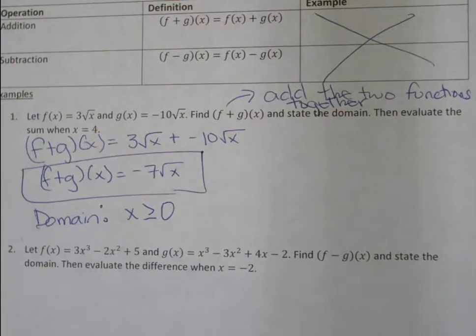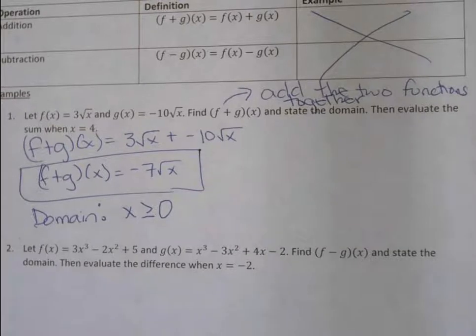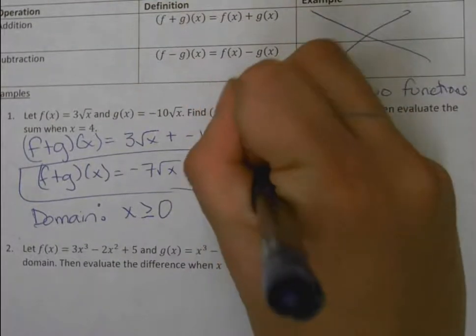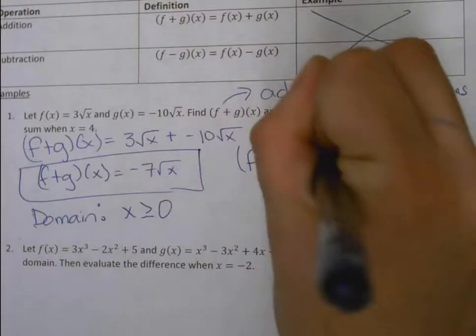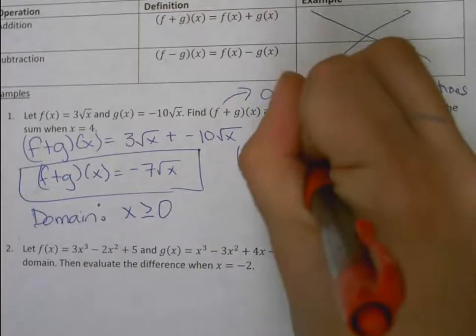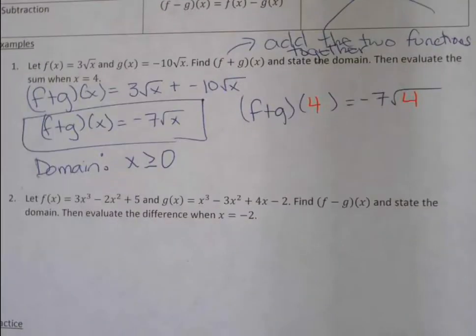And then the final piece is to evaluate when x equals 4. So I have to plug in 4 for the x. How did I get 4?